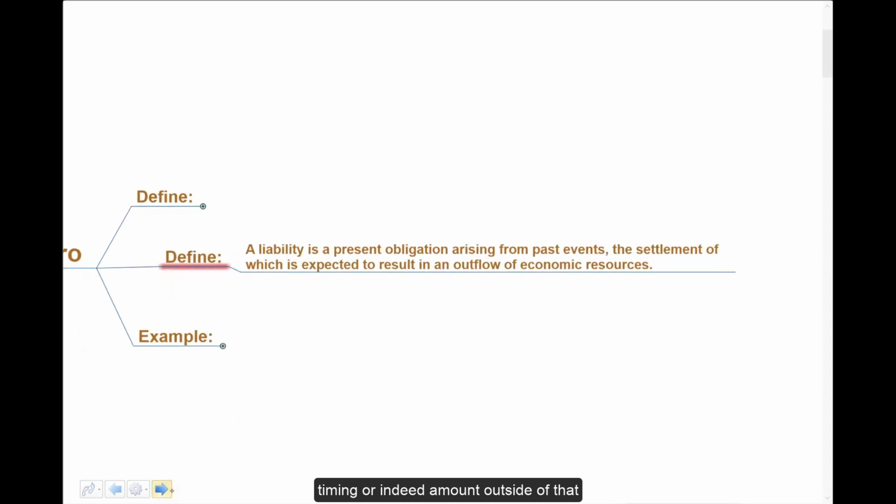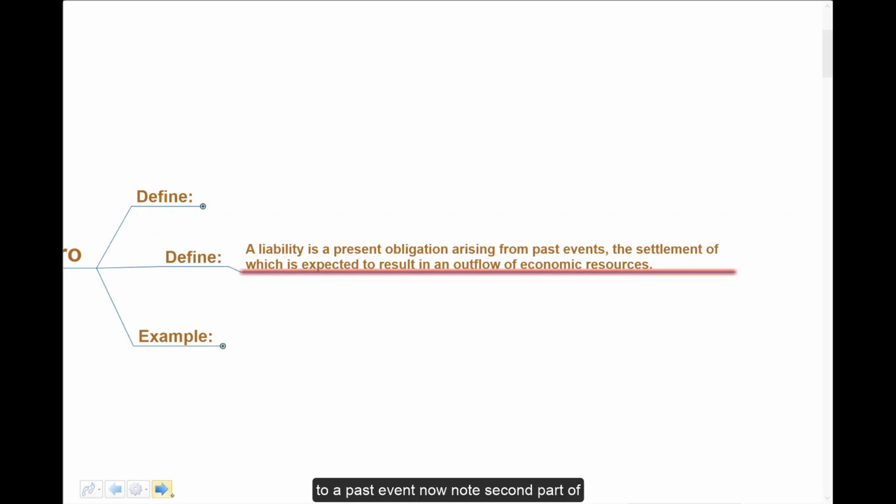Outside of that, what we should understand is this liability is a present obligation arising from past events. So for example, you may have present obligations in the form of perhaps some sort of loan that you've taken out or a hire purchase agreement. That's an obligation relating to a past event.